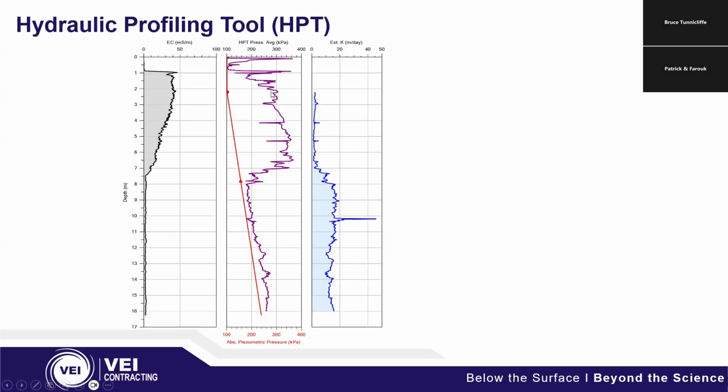In the middle, we have our HPT back pressure. That's this purple line. When we're in those finer grain materials, we have higher back pressure. That makes sense. You're not going to be able to move water through silts and clays as easily as you will through sands. And on the last graph, we have the estimated conductivity, and that's done on the back end.